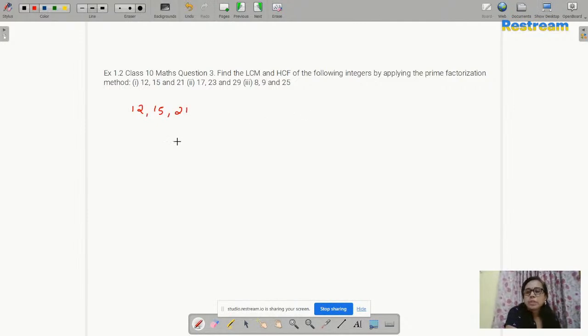Okay, so how can we find the LCM as well as the HCF, right children? Let us do it together. 12, 15 and 21. 2 goes into 12 six times, but 2 will not go into the others, right?